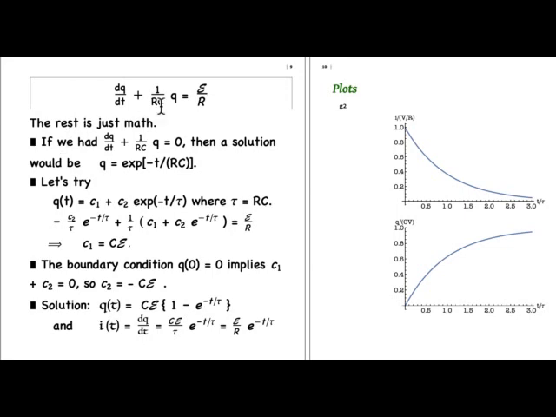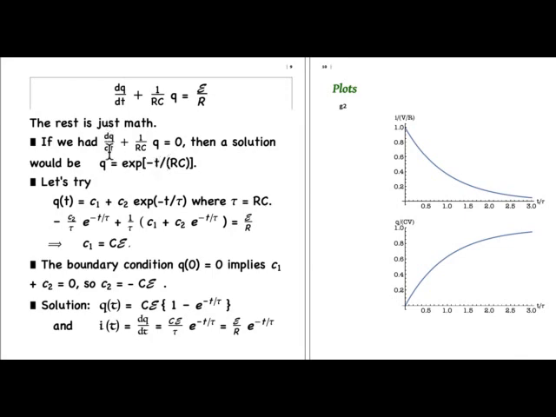If we had not E over R, but just 0, then we'd have the equation dQ/dt plus 1 over RC times Q is equal to 0. And everybody knows the solution to that equation. It's an exponential. Q would be e to the minus t over RC, because if you differentiate the exponential, you get the exponential back again times minus 1 over RC by the chain rule.